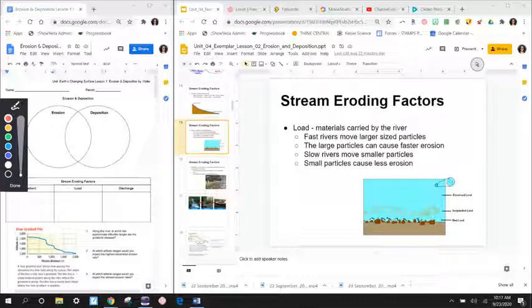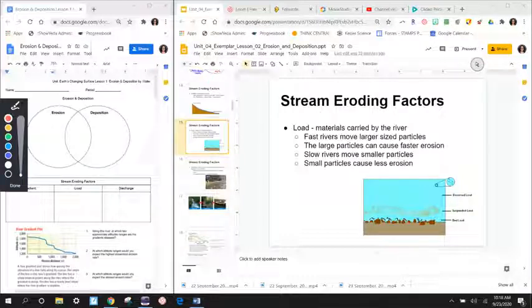So materials carried by the river is the load. That's what the river is carrying. So down here is a picture of the load. It could be dissolved material, it could be suspended material, or it can be little rocks and pebbles that bump along the bed.